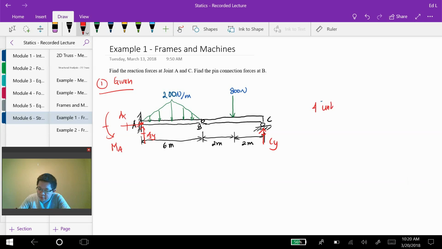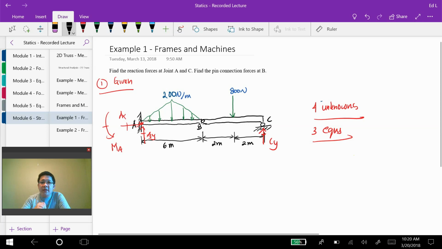4 unknowns, but we only have one free body diagram, and that free body diagram consists of a system of coplanar forces such that we can write 3 equations, right? So if we just use this entire free body diagram, definitely we cannot solve for all of the unknowns.